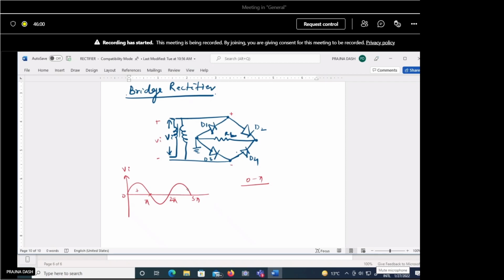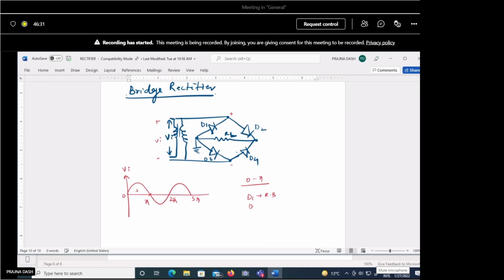Tell me what will be the condition of the diodes, which diode is forward biased, which diode is reverse biased. The P side of D2 is getting positive voltage, and the N side of D1 is connected to positive voltage. We can say D1 is reverse biased and D2 is forward biased.